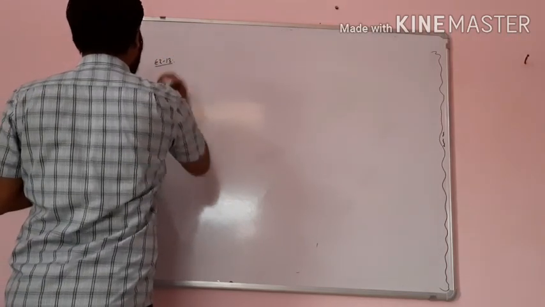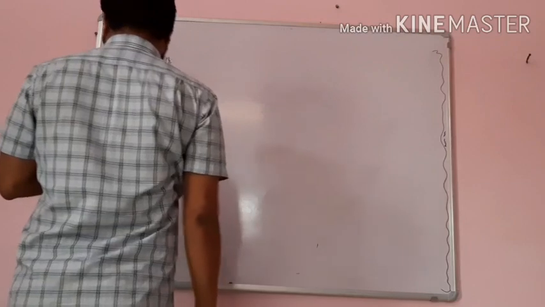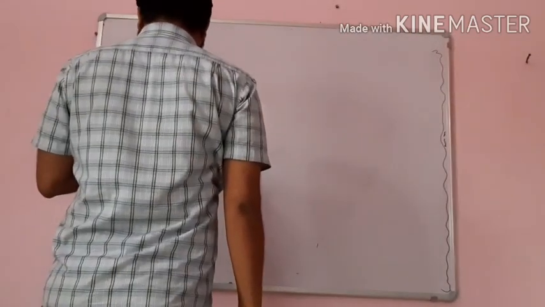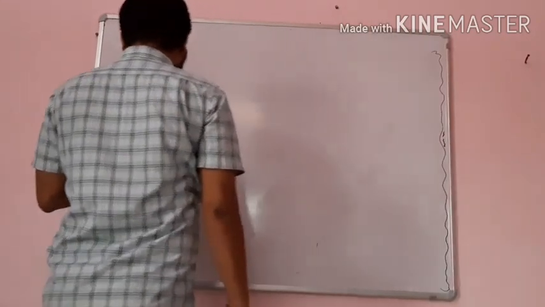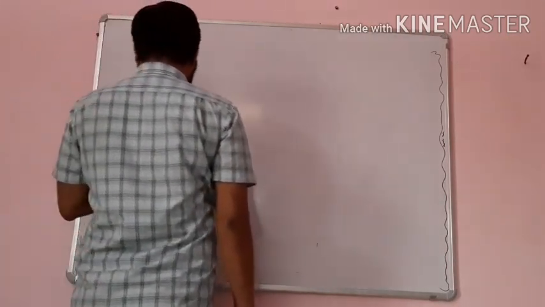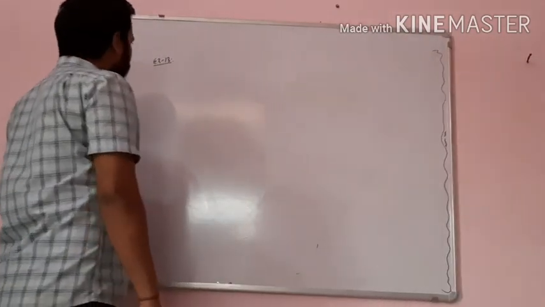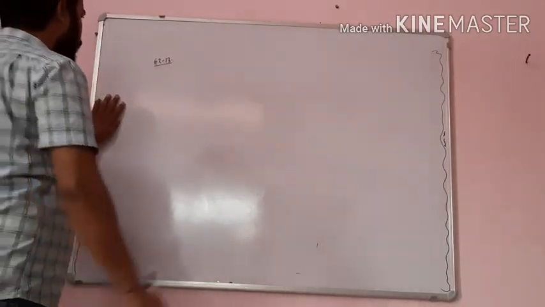It is given: find the area of a rectangle whose length and breadth are 12 cm and 4 cm respectively.